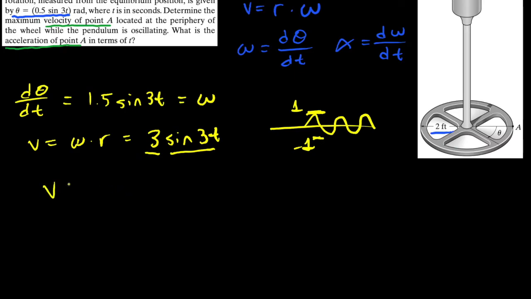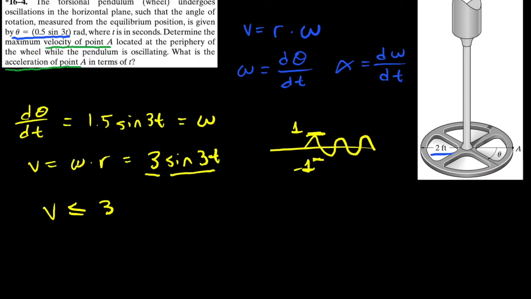So v in this case is smaller than or equal to 3. I also want to clarify that this plot is simply sine 3t. If I were to plot 3 sine 3t, we would erase this and make the amplitude 3 and -3.